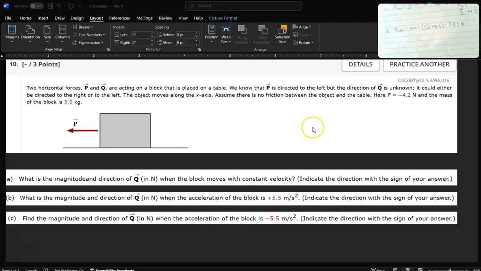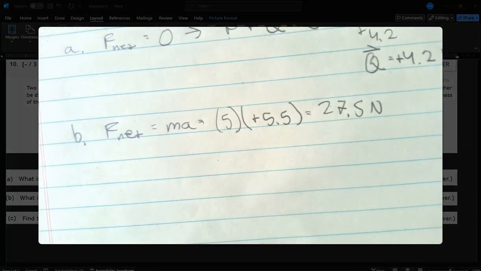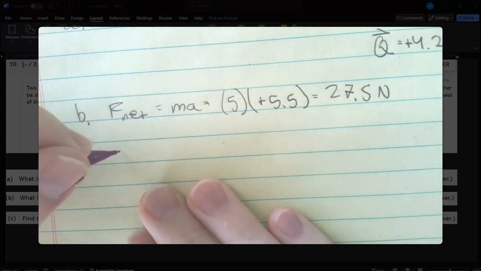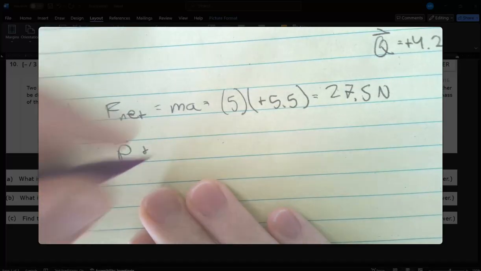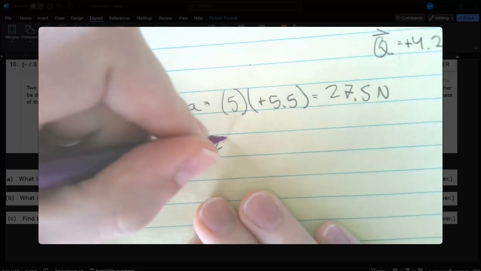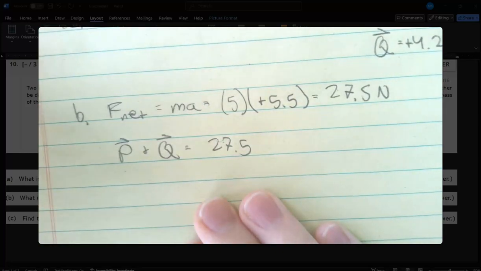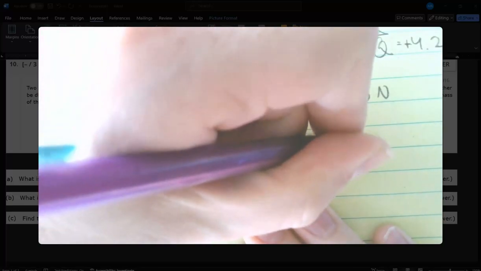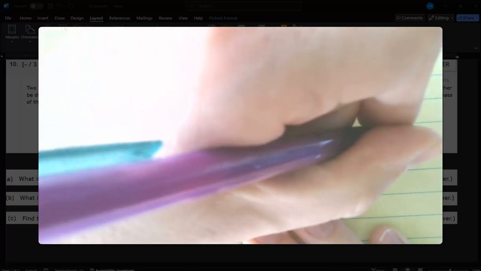Now, that's my net force, what I get when I add up all the forces together. The only forces acting on it are P and Q, so P plus Q is equal to 27.5. P is negative 4.2, so negative 4.2 plus Q equals 27.5.